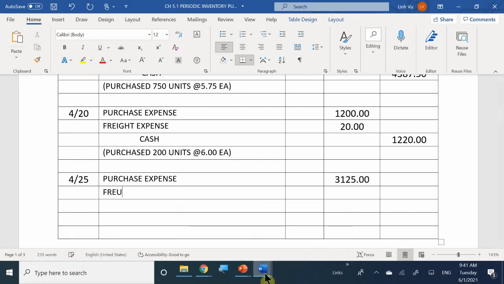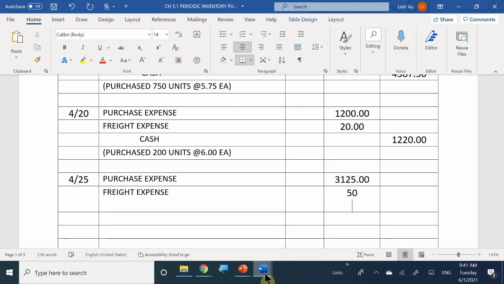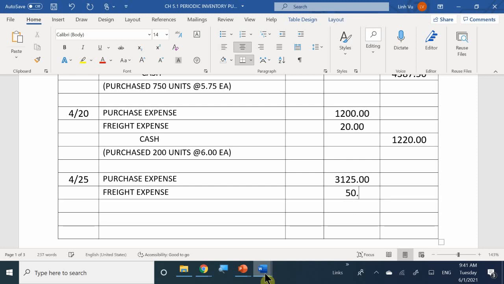And freight expense is for $50. So then you said the total cash that we spent is $3,175. Perfect.